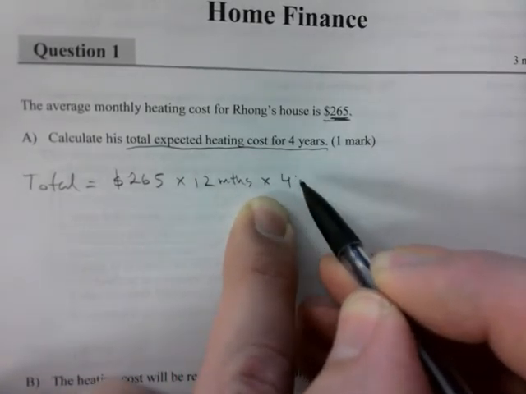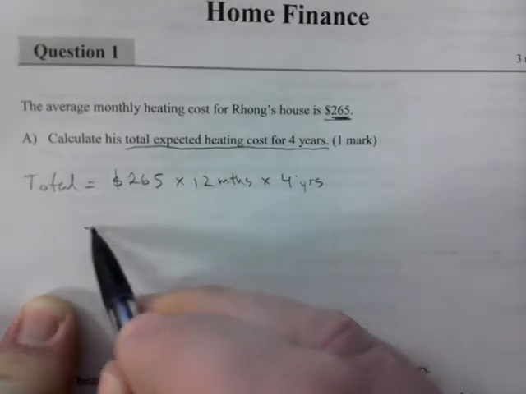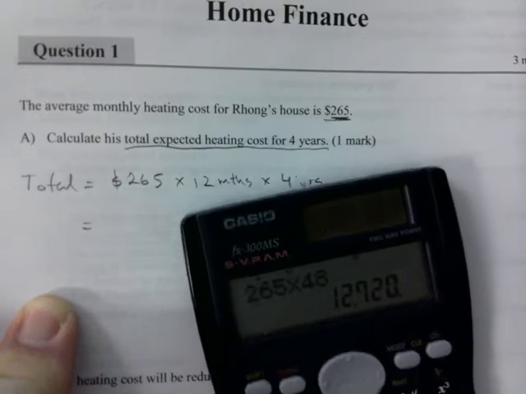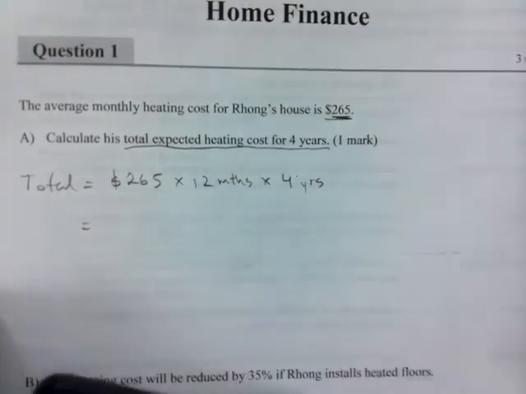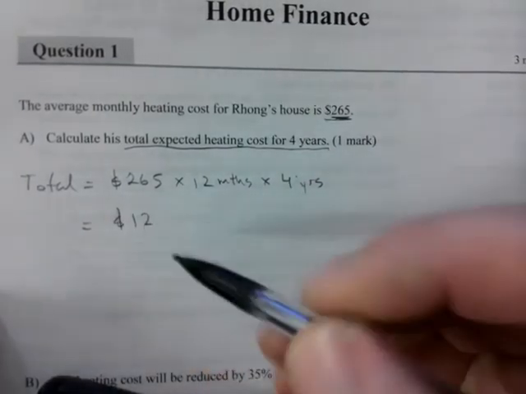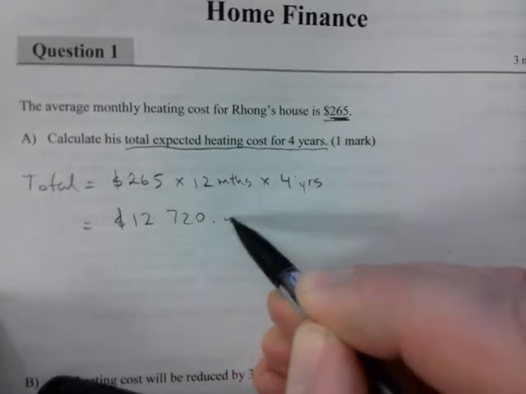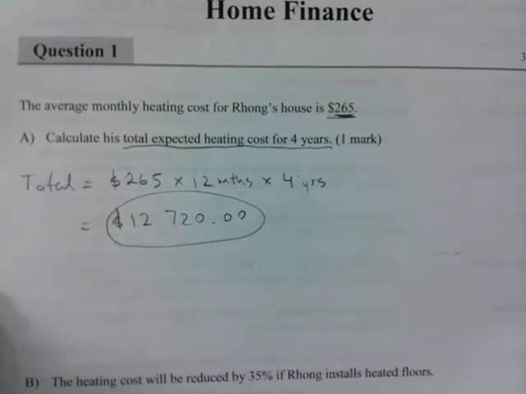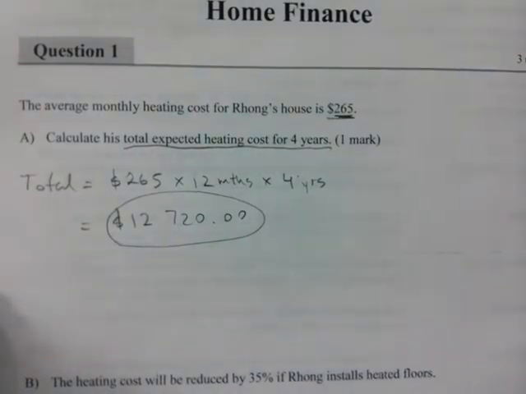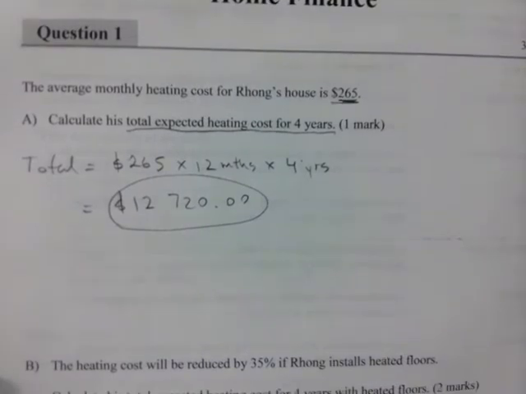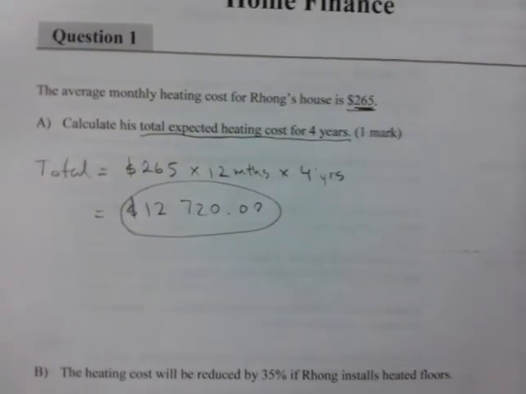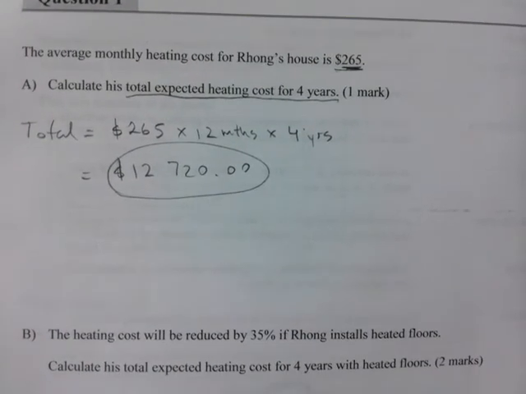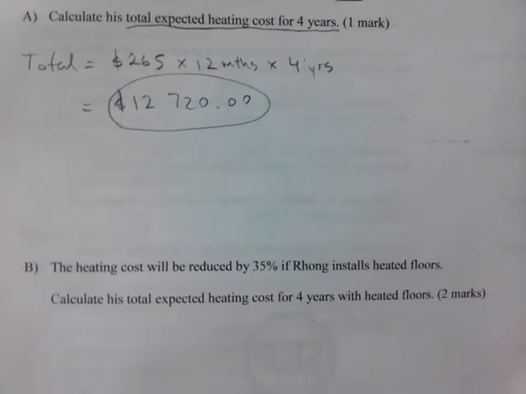So it's basically times 48. 265 times 48 is 12,720. It's actually quite a bit if you think about it, and that's not exaggerating. So that's 12,720 for heating.